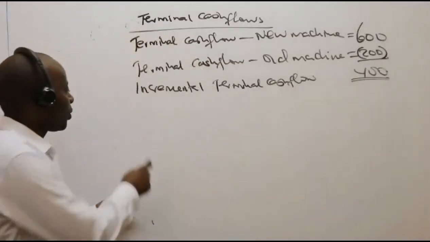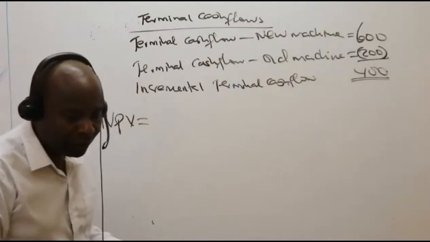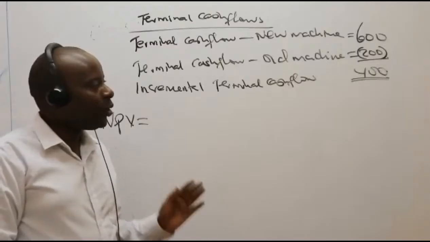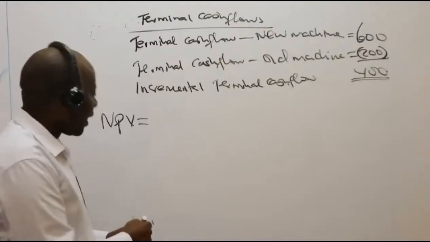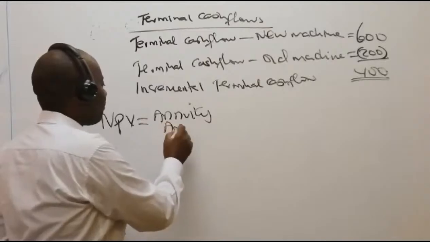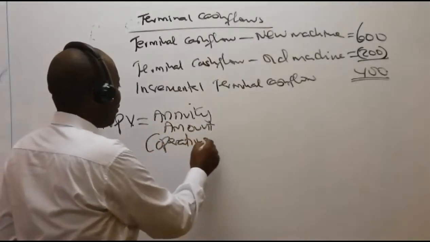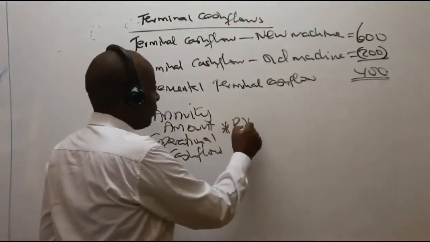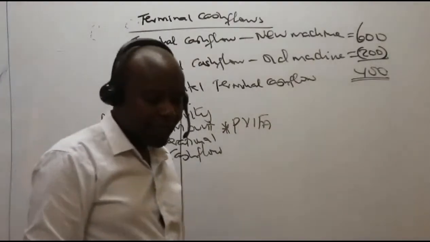So the last question, they want us to give them net present value. What do you think we shall do to get the net present value? Very easy. I'll take the annuity amount, which is the operational cash flows, multiplied by PVFA, because this will need discounting.